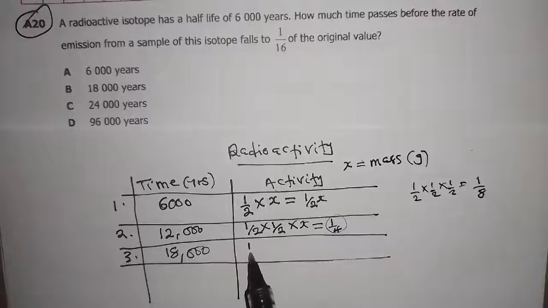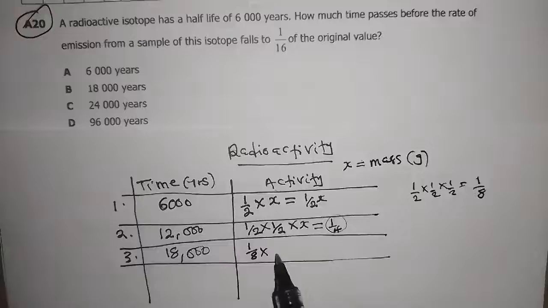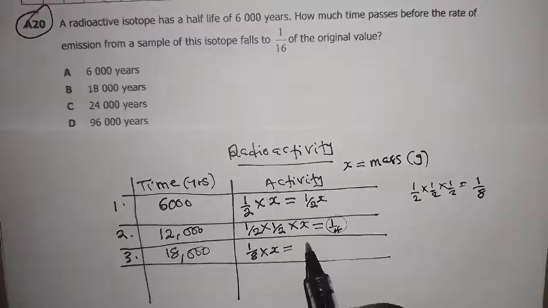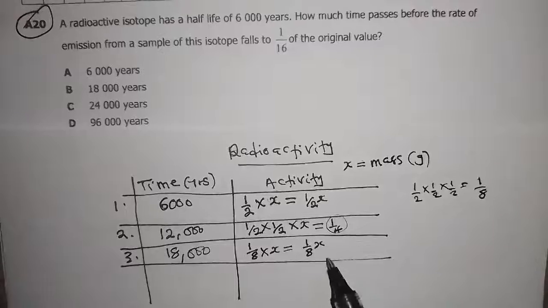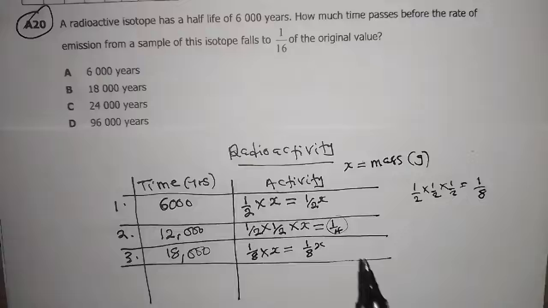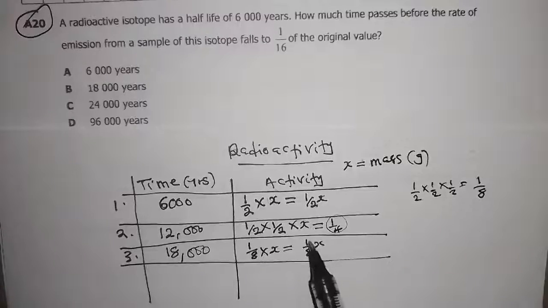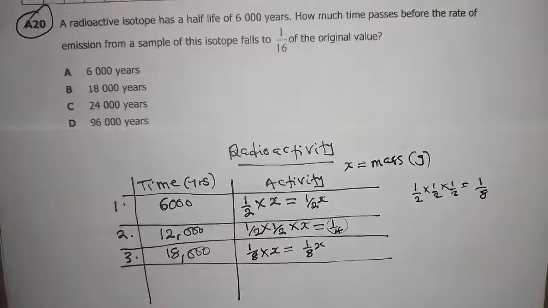Multiplied by the original mass, that's 1 over 8x. Remember, x represents the original value. Because we don't know what x is, we just pretend as if we know it and then multiply.